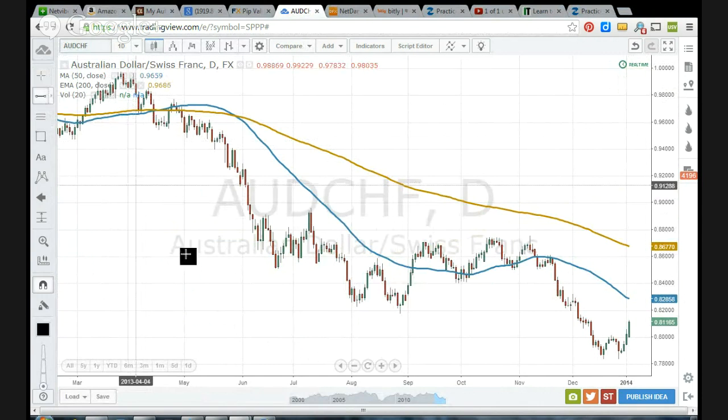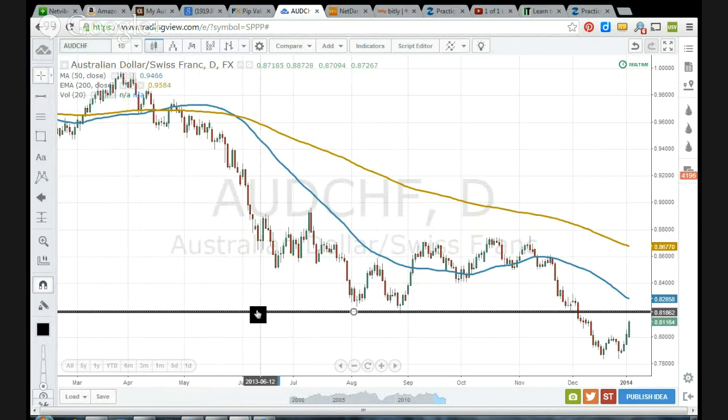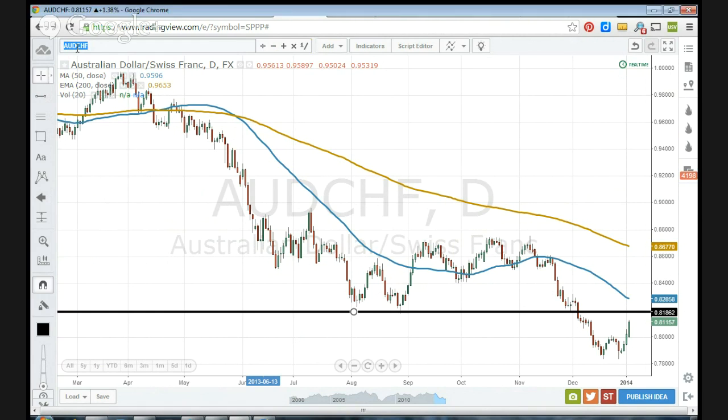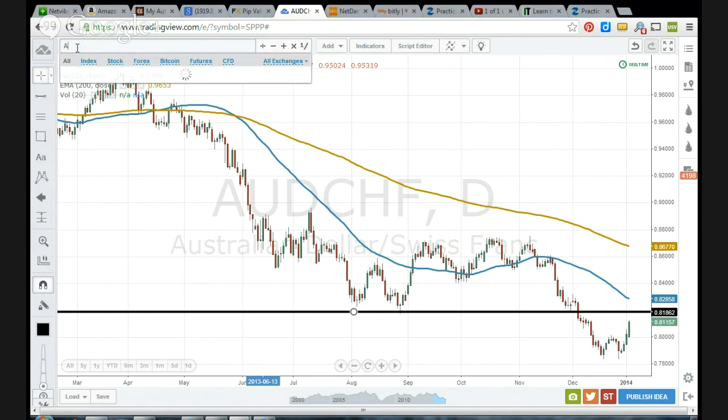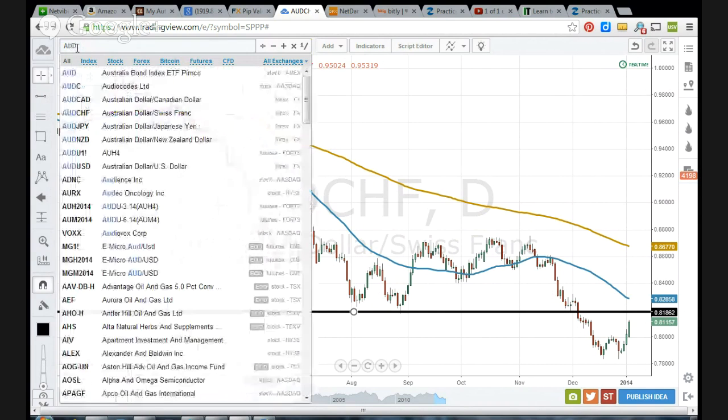Aussie Swiss, let's just put the support level in place here. Similar to Canadian dollar, Swiss franc. So it looks like we're getting ready to see the Swiss franc rally, at least that is what it looks like on Aussie CAD and CAD Swiss.